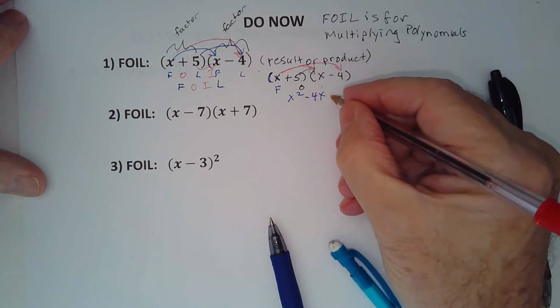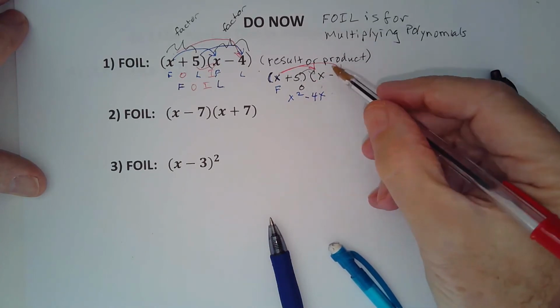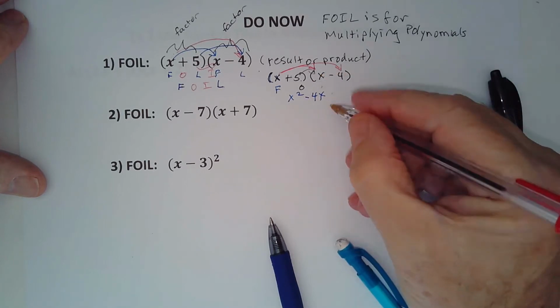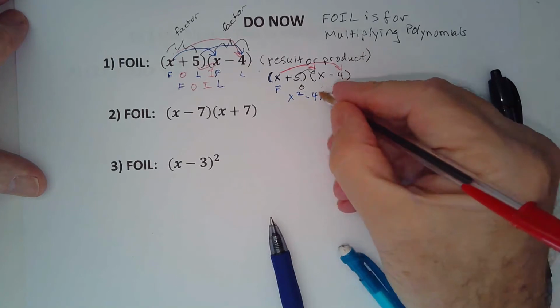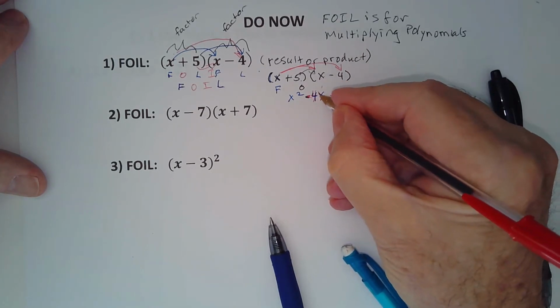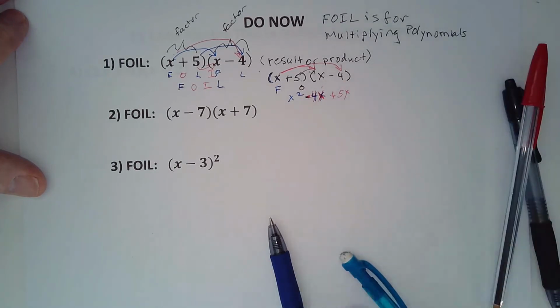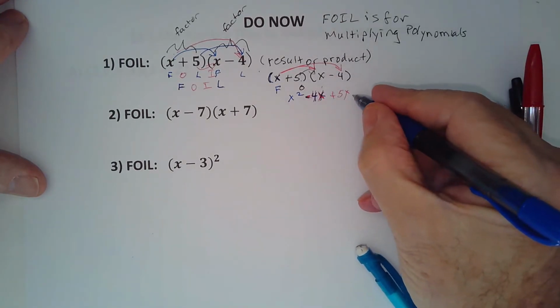So that's plus 5x. And I should have done this in red, because I want to keep these together. Okay, and then last to last. So last to last is 5 times negative 4, which is negative 20.